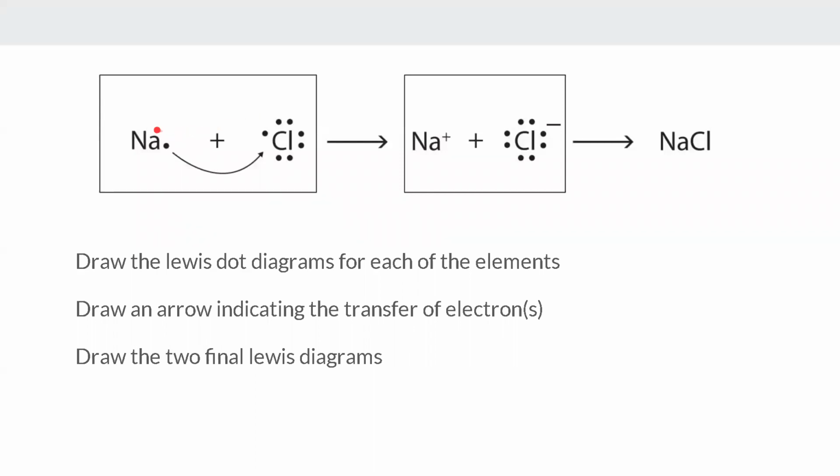Na only has 1, Cl has 7. So Na would give its electron to Cl, so then Cl would have 8 valence electrons. Then Cl becomes Cl minus, and Na becomes Na plus. You draw the arrow indicating the transfer of electrons. Once Na plus and Cl minus combine, they become NaCl because it's a plus and a minus.